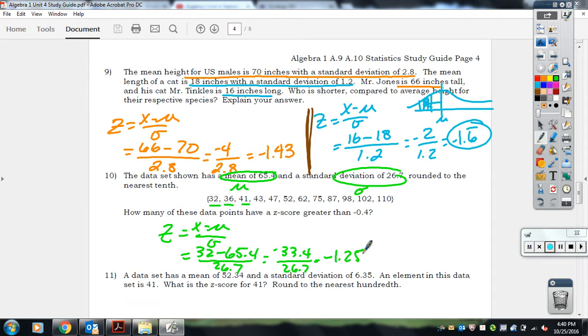That's certainly not larger than 0.4. So it's not 32, but that's going to take a long time to do for all of them.